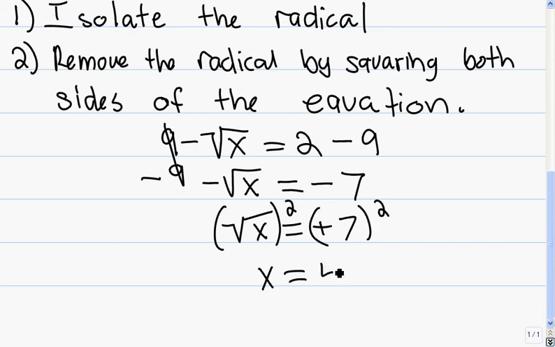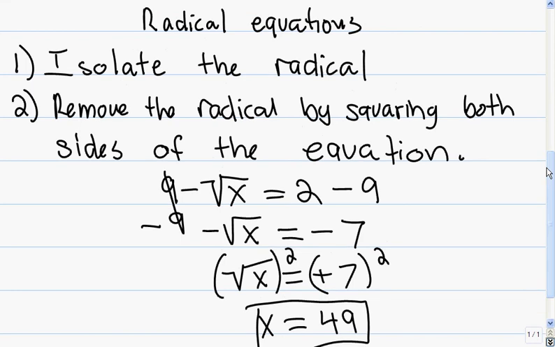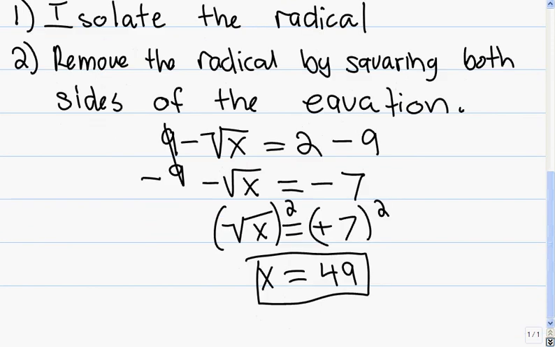And 7 squared is 49. So x equals 49. So the way I solve radical equations is by, 1, isolating the radical, and once it's isolated, removing the radical by squaring both sides of the equation. Make sure you know how to do this before you do the checkup.